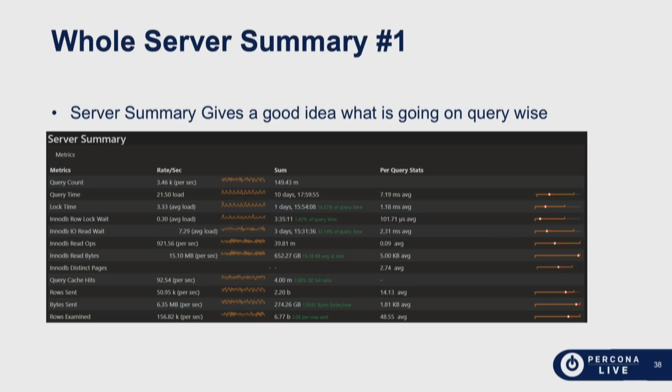Whatever good or bad that is, it gives us some very good high-level numbers. And I can see that on average queries spend about 32 percent of their time waiting on disk I/O, right? So we can judge from that to what extent this load is I/O bound versus CPU bound.